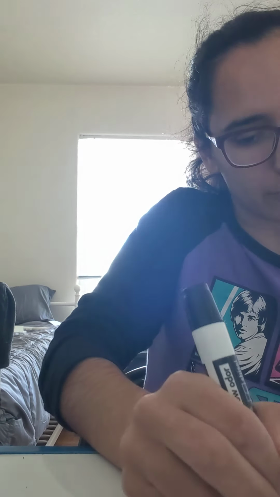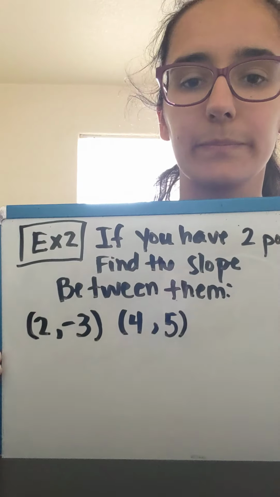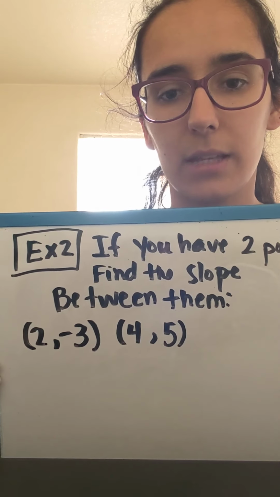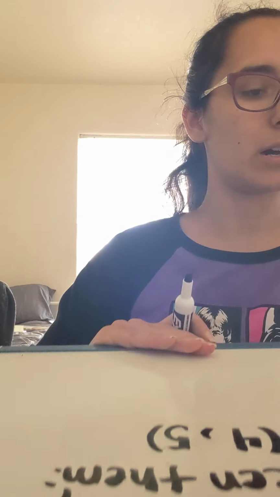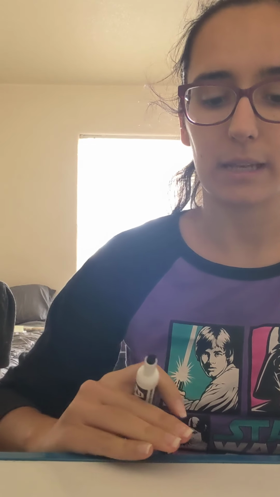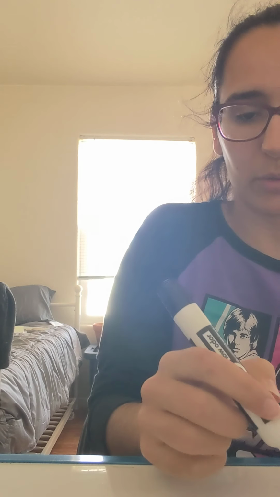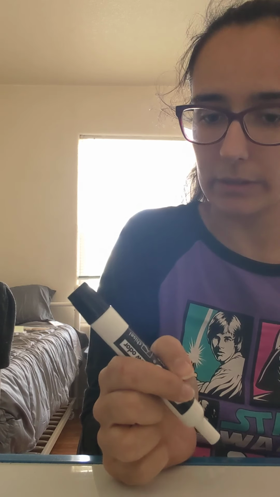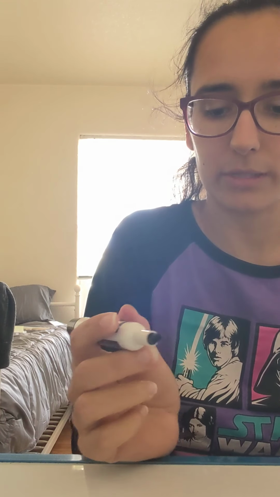So here's our points, (2, -3) and (4, 5). So write this down in your notes. It's very important to take notes because it will help you on the assignment. And we're going to use our slope formula. Remember y2 minus y1 over x2 minus x1. That is the formula we are using.